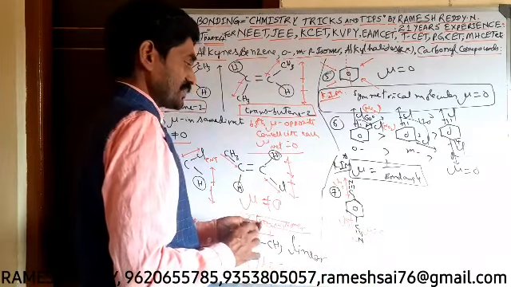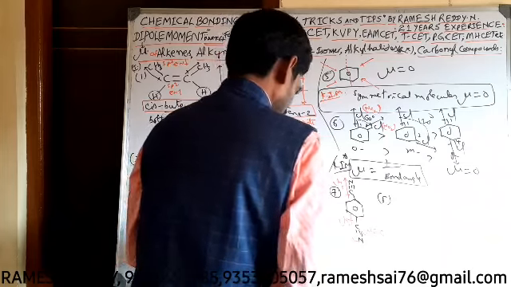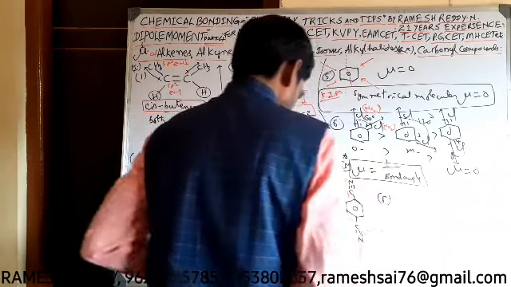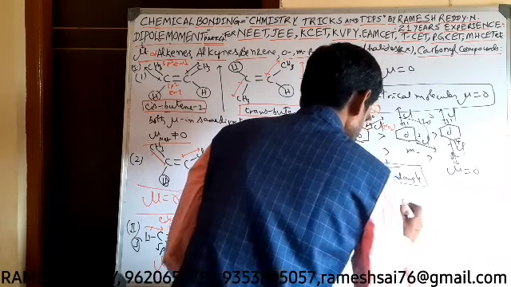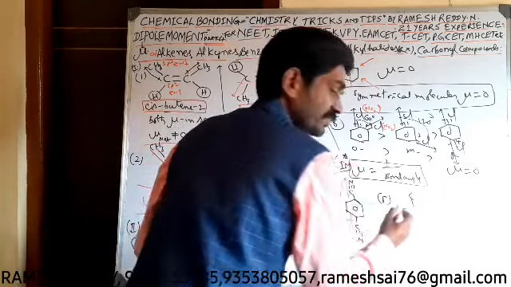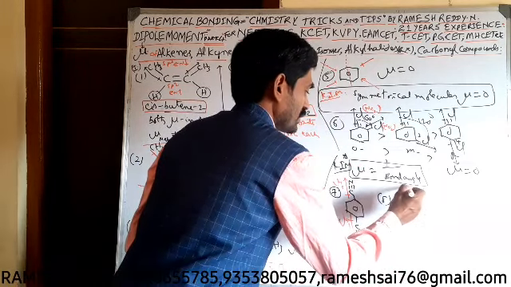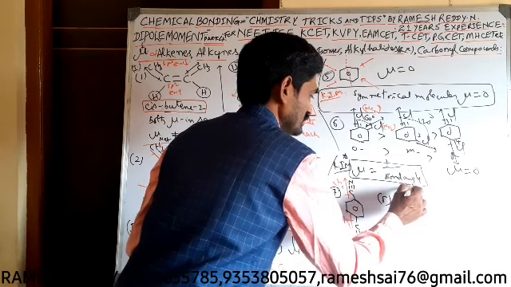Okay, fine. Next one, another example. We take a carbon triple bond compound here. Here a carbon atom is bonded with a triple bonded carbon and hydrogen, CH.